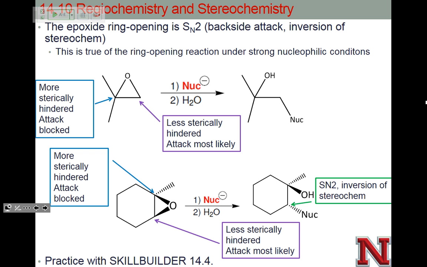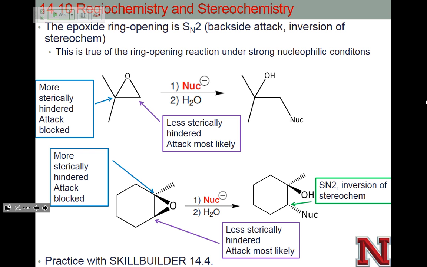So notice that the stereochemistry at this position is inverted, just like any SN2 reaction. Also notice the stereochemistry is not affected at this carbon because the reaction didn't occur at that carbon. So the OH is still attached there, and it's still at the same stereochemistry that it was before, because that's not where the attack occurred.